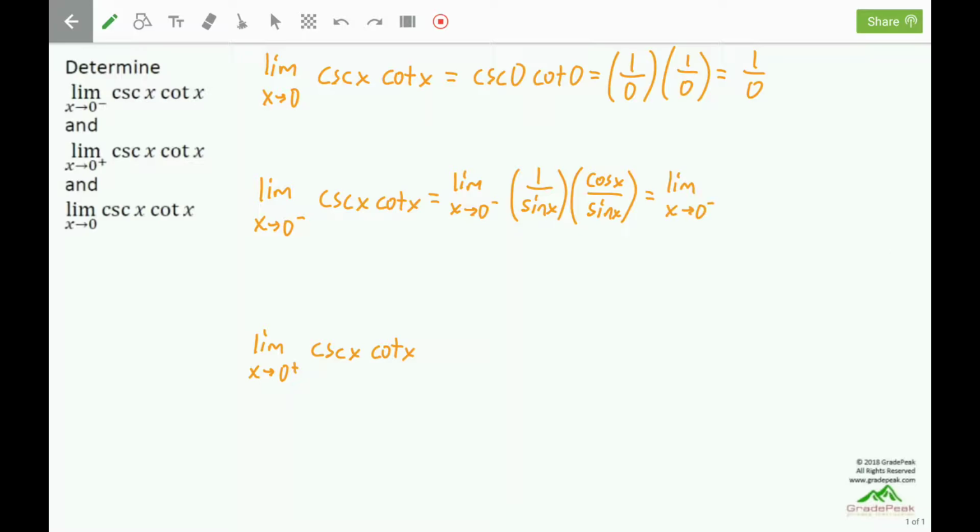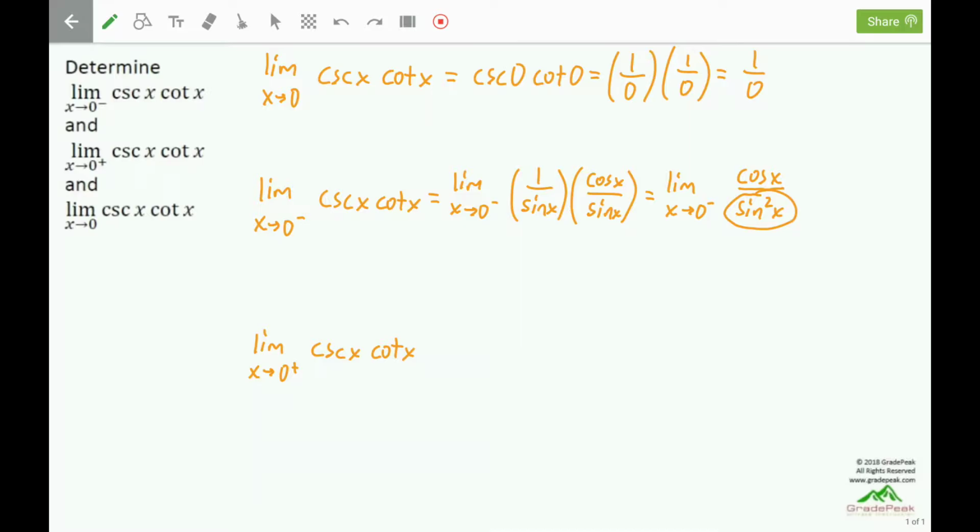We can now multiply the numerators. 1 times cosine is cosine. And multiply the denominator. Sine times sine is sine squared. Sine of 0 is a 0, so as x approaches 0, it's the sine that's making 0 in the denominator. We can now analyze this denominator a little bit closer according to the side it's approaching from.